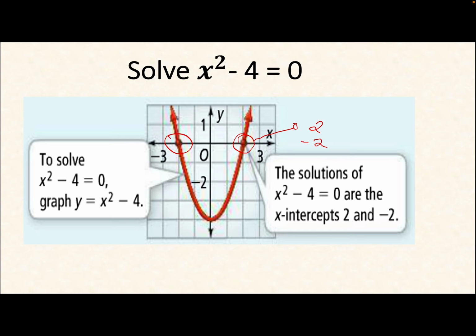Therefore, the solution of the given quadratic equation is positive and negative 2. And since the graph crosses the x-axis at 2 points, meaning this quadratic equation has two real solutions.